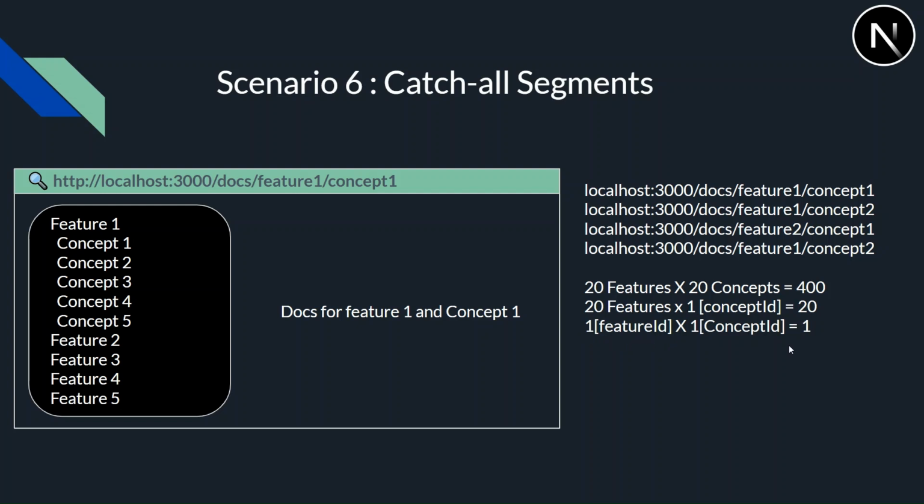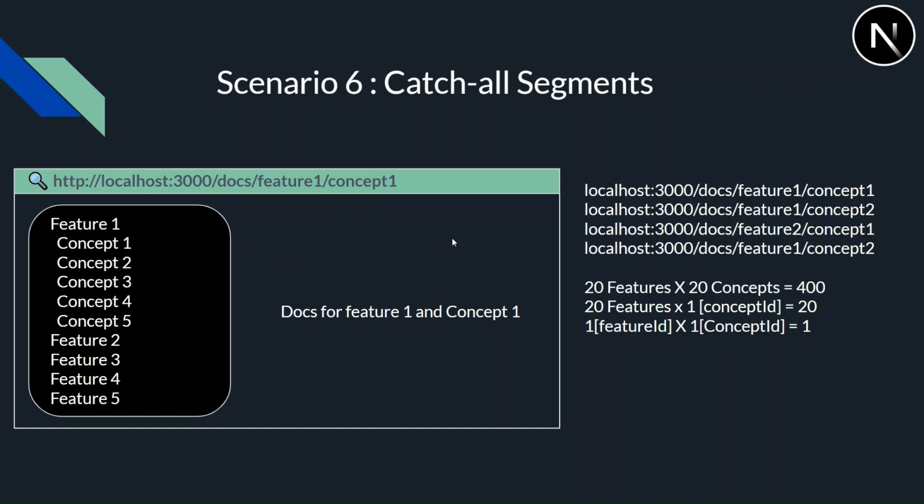But the problem is that if in the future we have a further nested route, for example localhost:3000/docs/feature/concept/example, then how will these things be managed? Otherwise we have to add more code in order to integrate things.